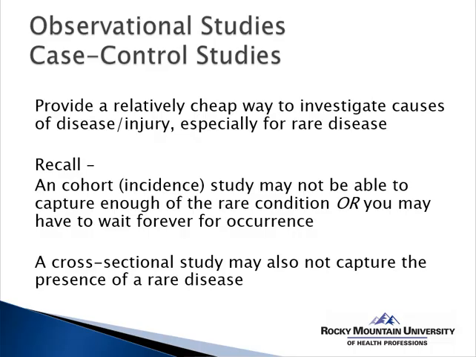Now you need 400,000, 600,000. Or can you just take a group of people with adhesive capsulitis and compare them to people that don't have adhesive capsulitis and look backwards to see what risk factors potentially are associated with adhesive capsulitis? So these provide a relatively cheap way to investigate causes of disease or injury.